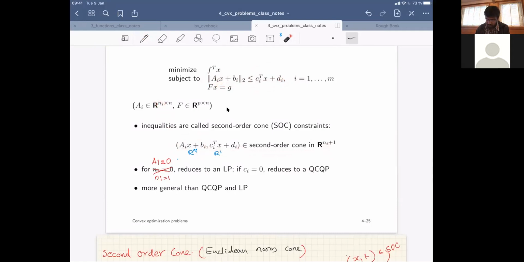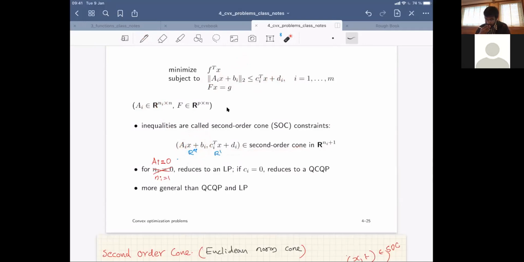So when you multiply vector x with the matrix, you get another vector of dimension n_i. So the first part of this pair is a vector with dimension n_i, and the second one is a scalar in R. So what we are saying is: minimize this affine function where the constraint is that Ax plus b, c transpose x plus d has to be in a second order cone.